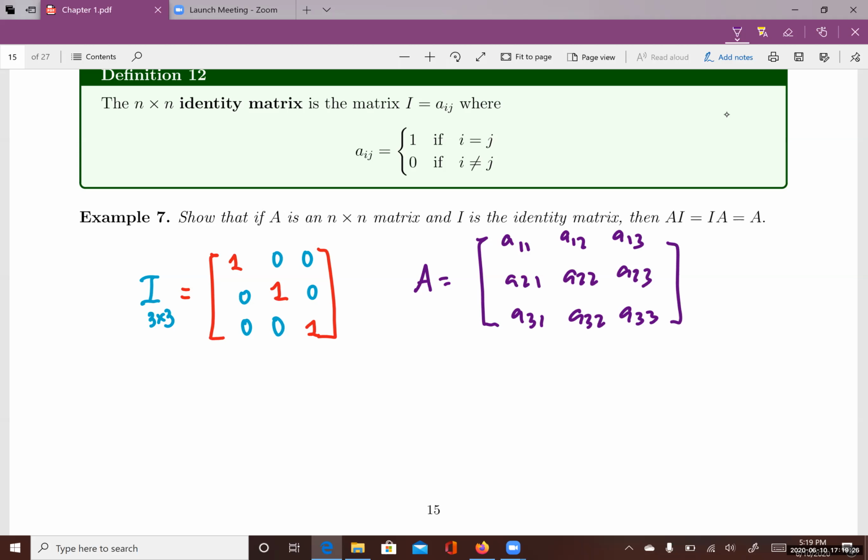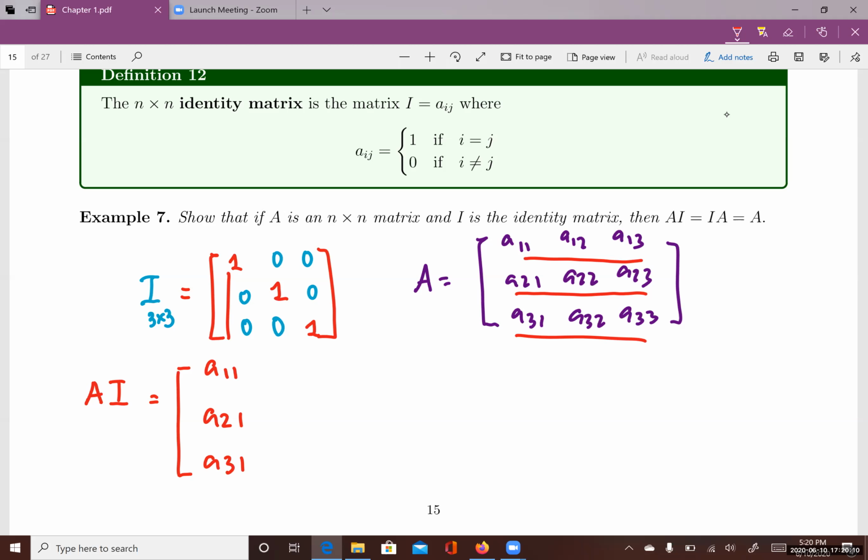Now I want to show that if I take the matrix A and multiply by I, A multiplied by I, what do you get? You go row by column. First row, first column: the other entries are 0, so A11 stays. Second row, first column, it's going to be A21. Third row, first column, I would have A31.